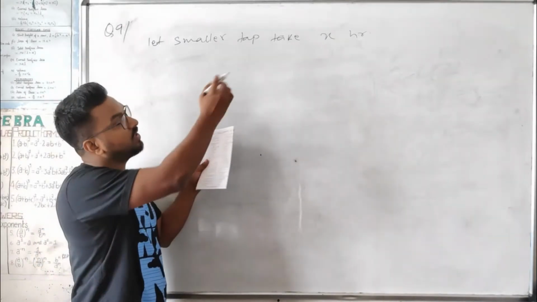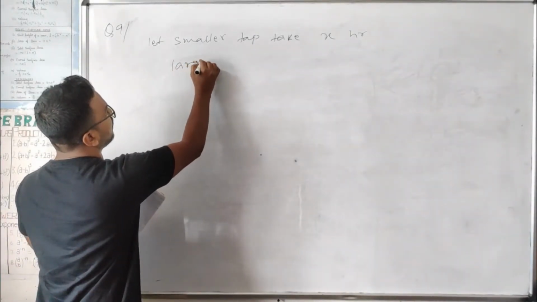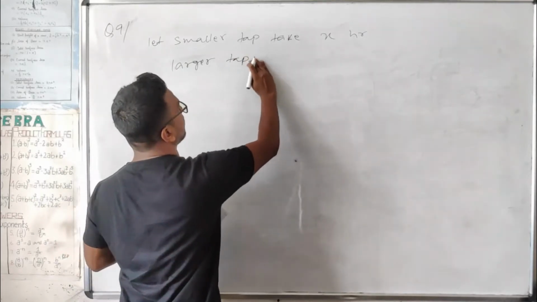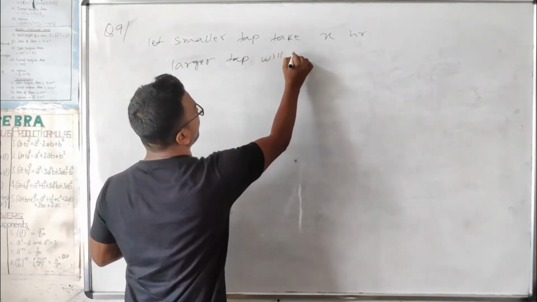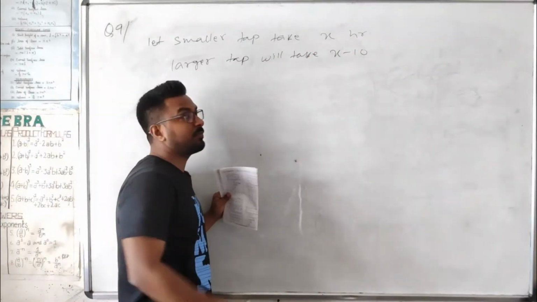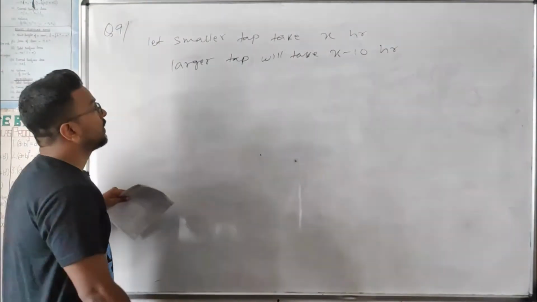Okay, so if the smaller tap takes x hours, then the larger tap will take how many hours? x minus 10. 10 hours less means x minus 10 hours. Clear?